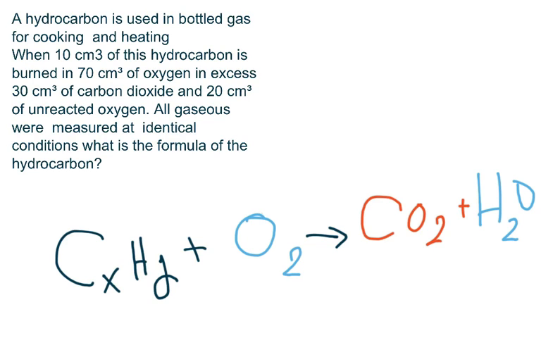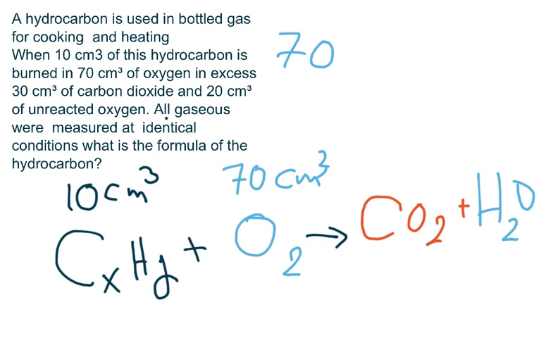So, what do we know? We know that this one has 10 centimeter cube. We know that oxygen has 70 centimeter cube, and that some oxygen remains. So it's not 70 exactly. It's 70 equals something plus 20, right?